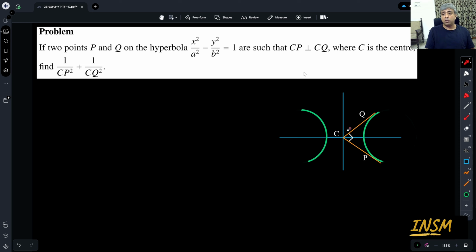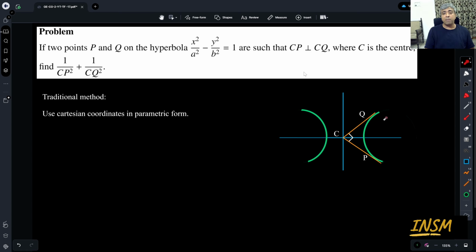Now, the traditional approach that mostly would be deployed solving this problem is either you assume the points P and Q to be x1, y1, x2, y2, and try to find the inverse of square of distances, substituting x1, y1, x2, y2 in the hyperbola.